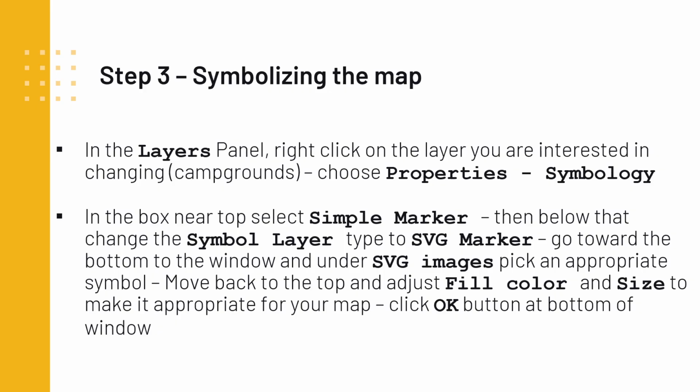Then below, change the symbol layer type to SVG marker. Then go towards the bottom of the window and under SVG images, pick an appropriate symbol. Move back to the top and adjust the fill color and the size to make it appropriate for your map. Click OK button at the bottom of the window and then close out.